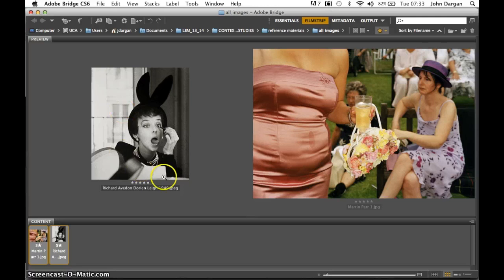Avedon's image was a fashion photograph, and Avedon worked for Bazaar for many years. Avedon was really interested in theatre, really interested in performance, and he liked photographs to reflect the contemporary times that he felt were going on around them.